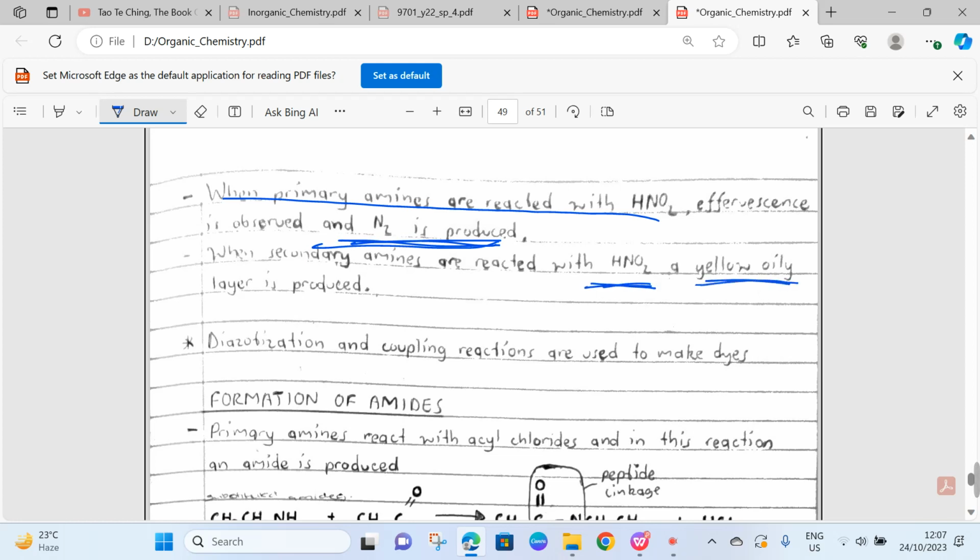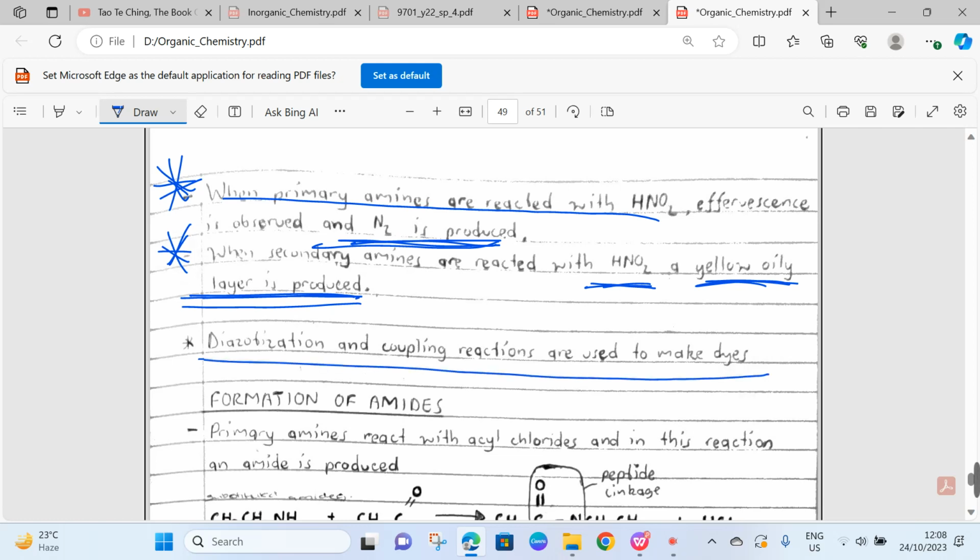A yellow oily layer is observed. These are just nice to know statements, guys. Just know them. They will come in handy, I'm sure. So diazotization reactions and coupling reactions are used to make dyes. This is just a re-emphasis of what I've been trying to say.